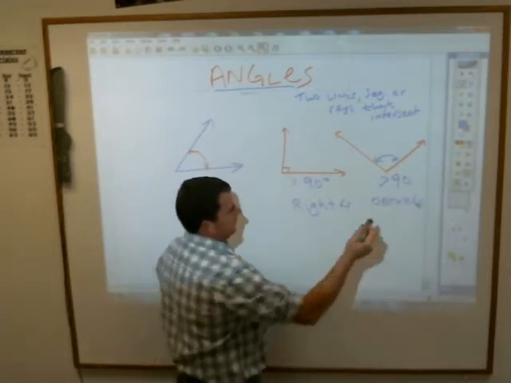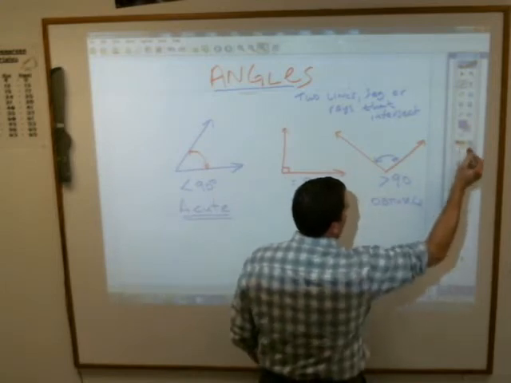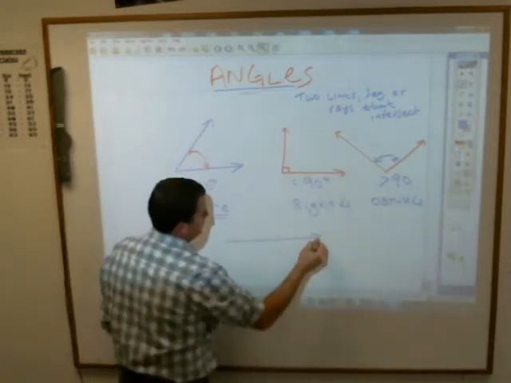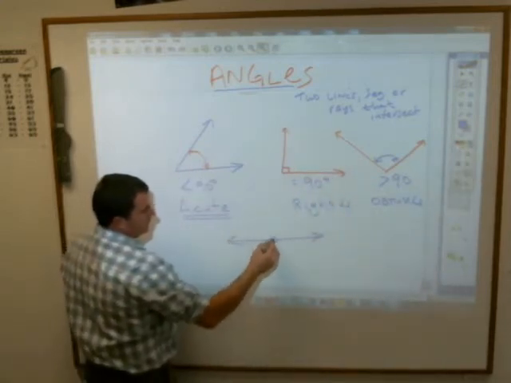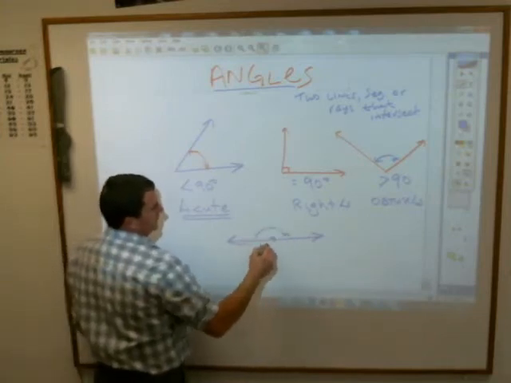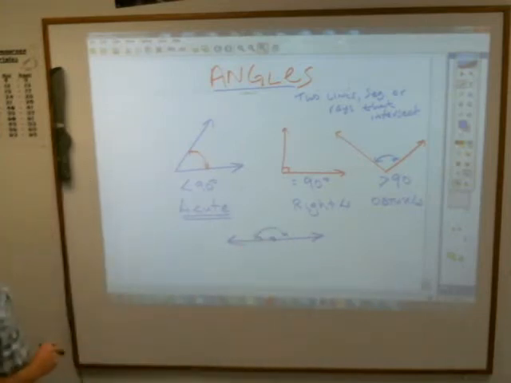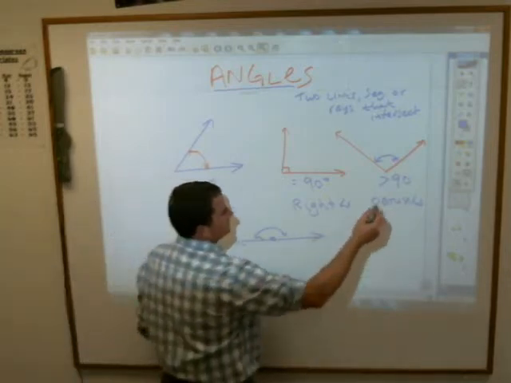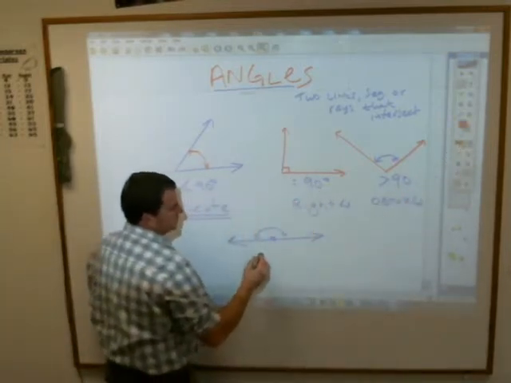And I suppose we should talk about this one here. We also have something that's called this angle here that forms a line. Anybody know what that angle is called? It's pretty logical. Zach? Hemisphere. Oh, hemisphere. Nope.